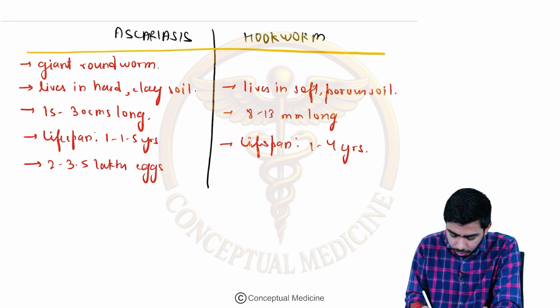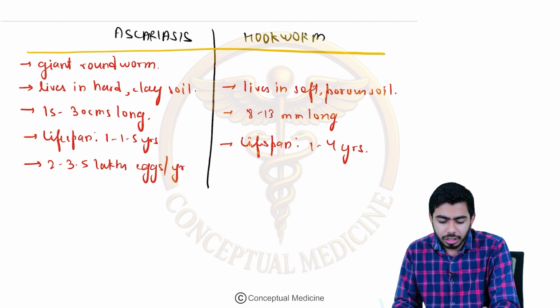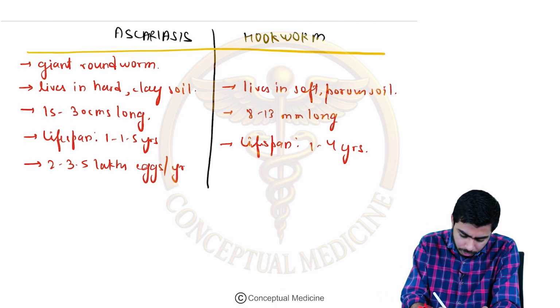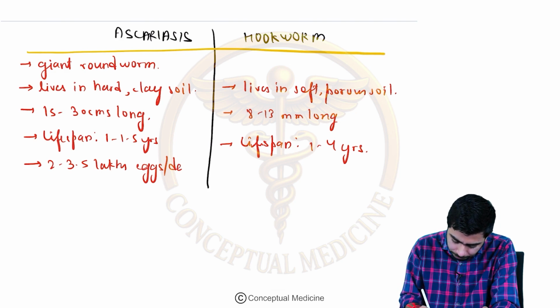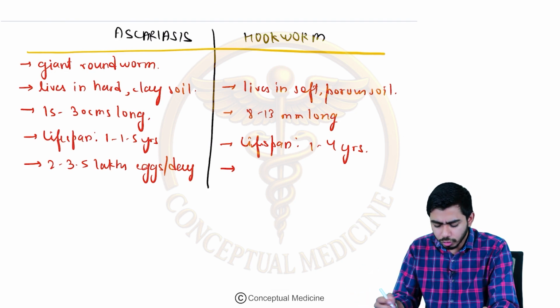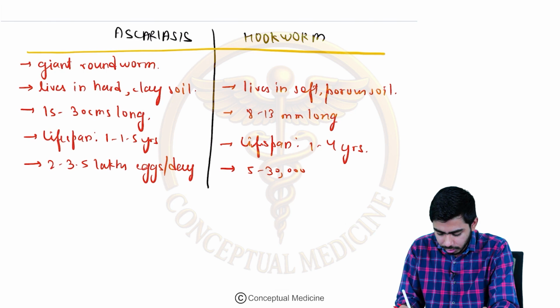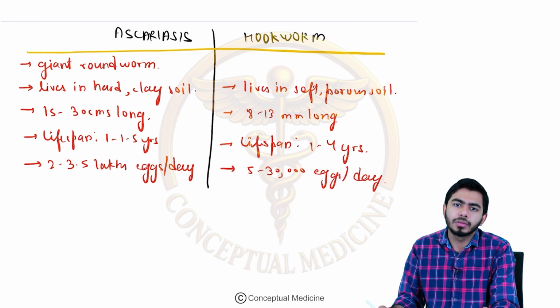I told you 2 to 3.5 lakh eggs, not per year, per day actually. And hookworms might be laying 5 to 30,000 eggs per day, right?